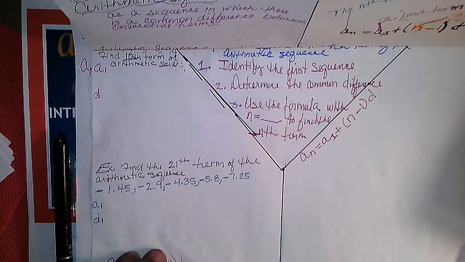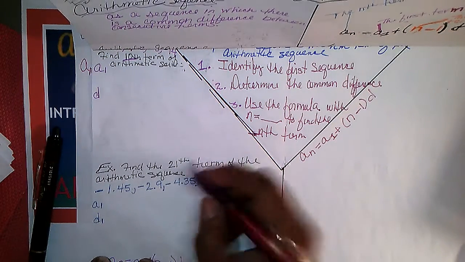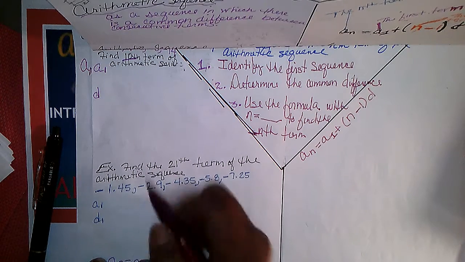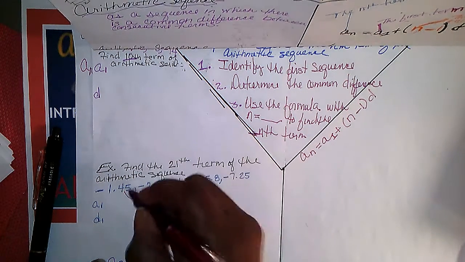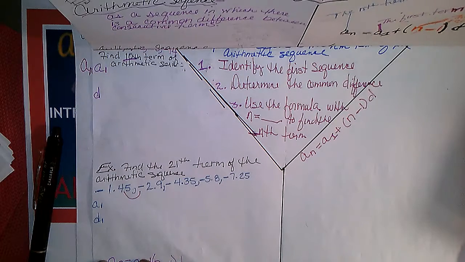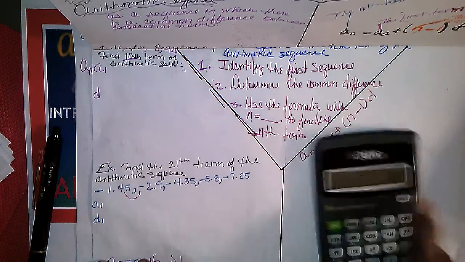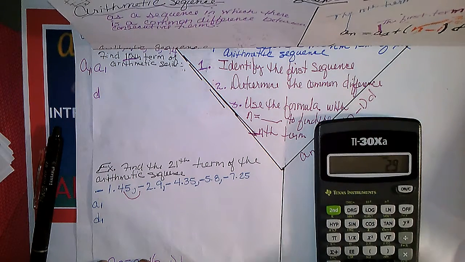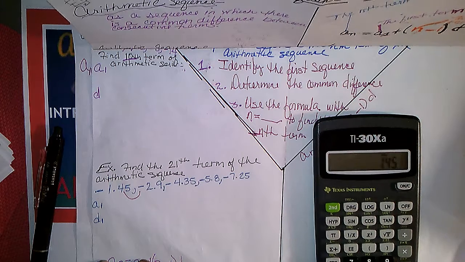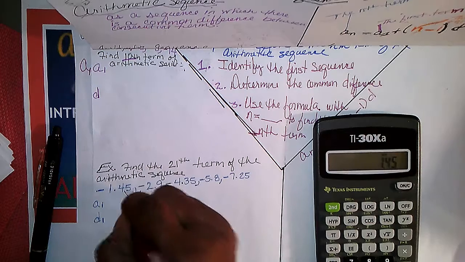So if we try to knock this one out, we have negative 1.45 to negative 2.9, 2 and 9 tenths, which gives us a difference of 1.45.